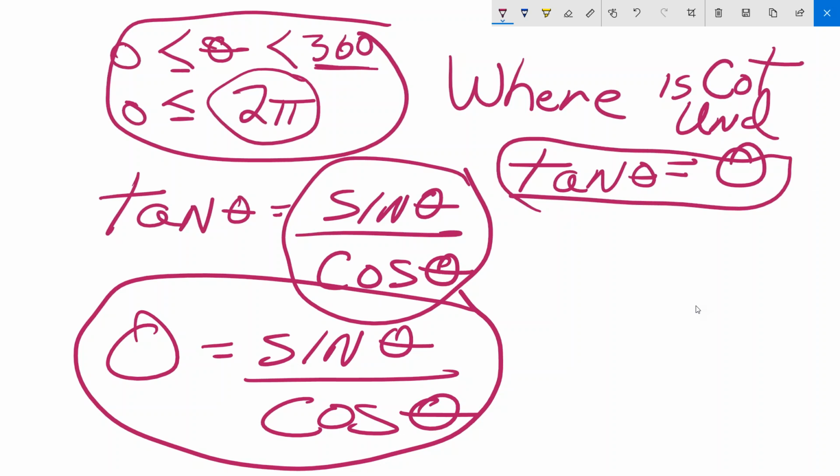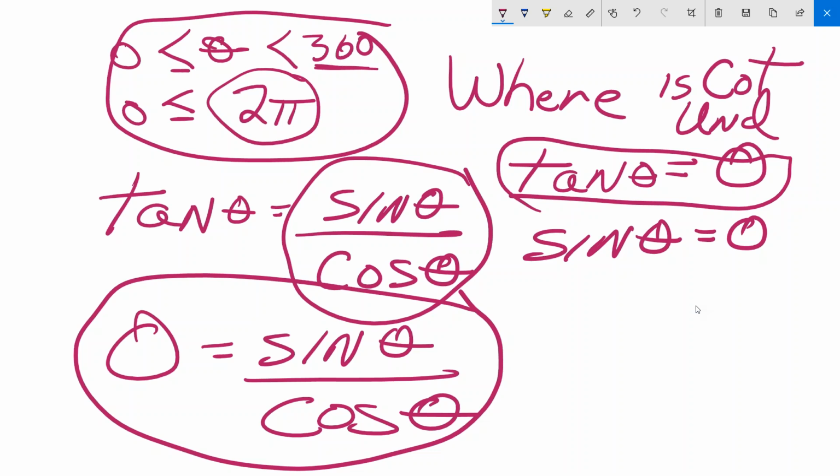So what we're looking for is this. We started with the cotangent being undefined. For the cotangent to be undefined, its reciprocal has to be 0. Its reciprocal is tangent. So tangent has to be 0. And tangent is only equal to 0 when sine theta equals 0.